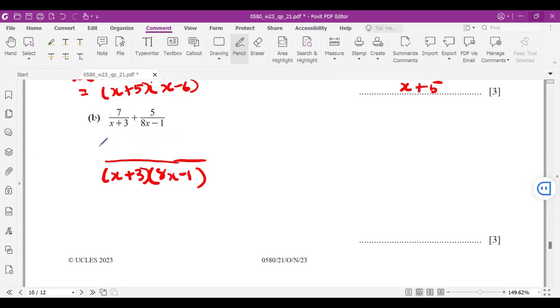We multiply by 7. So we are going to have 7 into 8x minus 1 plus, if we divide this LCM by this denominator, we are going to have x plus 3. So here we have 5 into x plus 3.